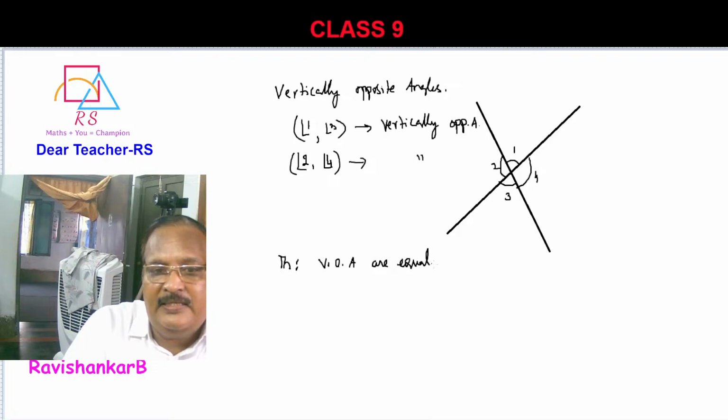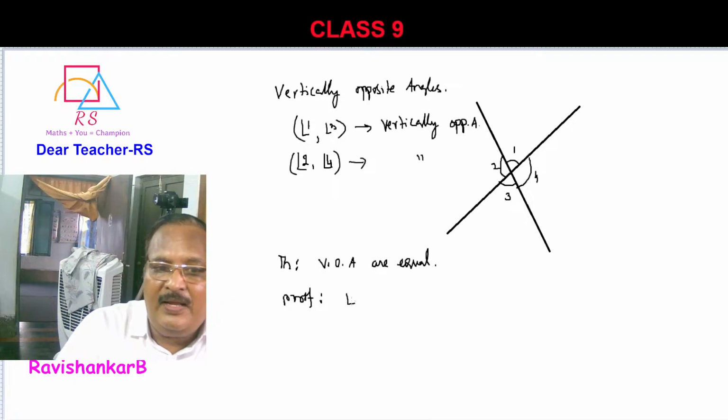This is the theorem, and in the textbook also it is given as the first theorem. Prove that vertically opposite angles are equal. That means angles 1 and 3 should be equal and angles 2 and 4 should be equal. We have to prove that these two pairs are equal. For that, let us do the proof.